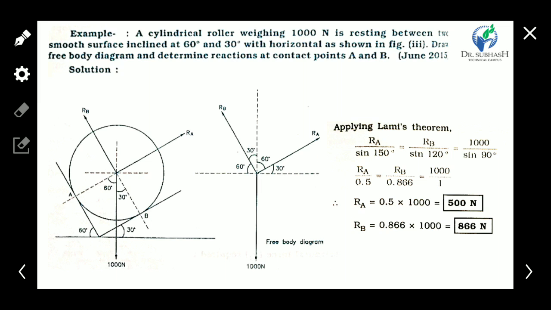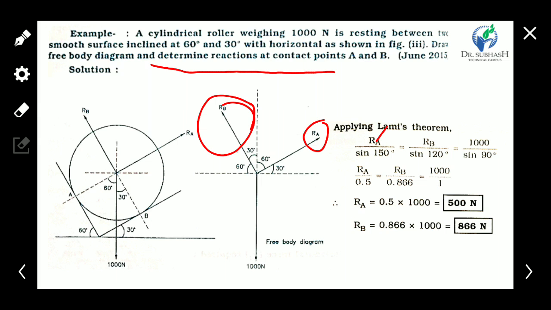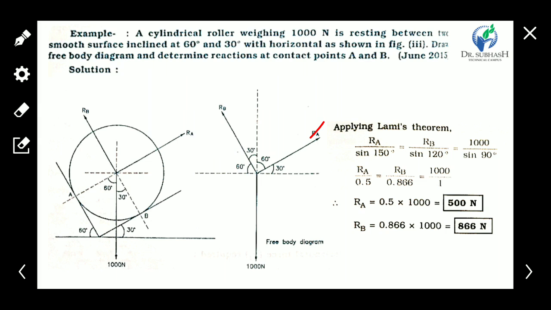Now with the help of Lami's theorem, we can find out the reactions at points A and B. How? Apply Lami's theorem. First take any one force, so take RA or RB. First take the RA force, the reaction at point A, RA.